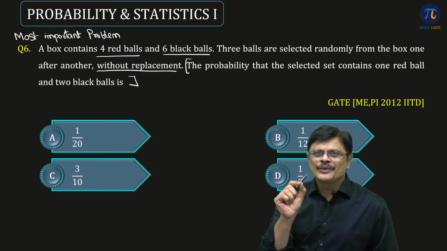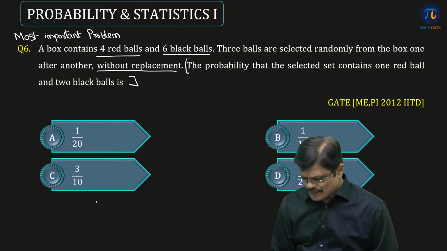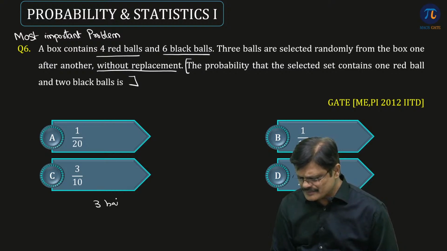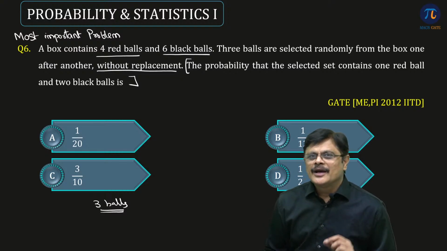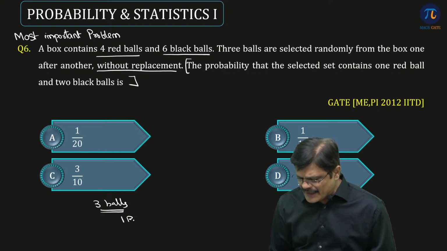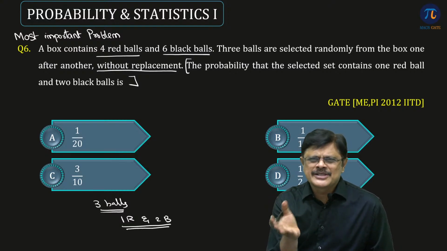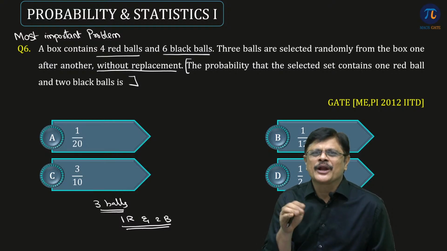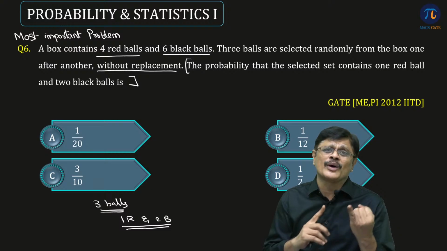See, here I'll ask you one question. In the question, we selected 3 balls one after the other without replacement. What is the probability of selecting 1 red and 2 black balls? This is the favorable situation, or the case we are looking for, where we need to select 1 red and 2 black balls.